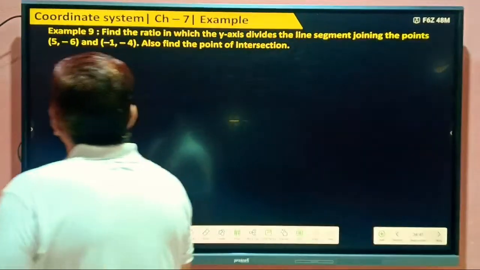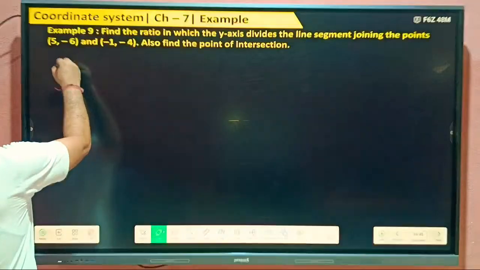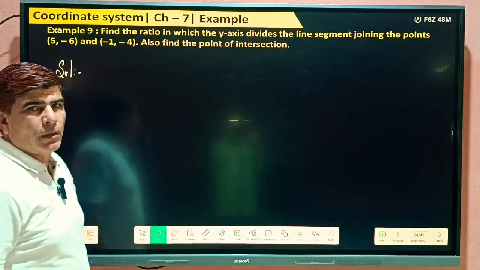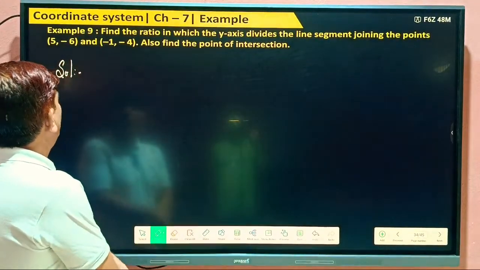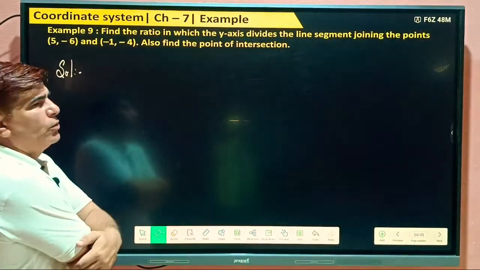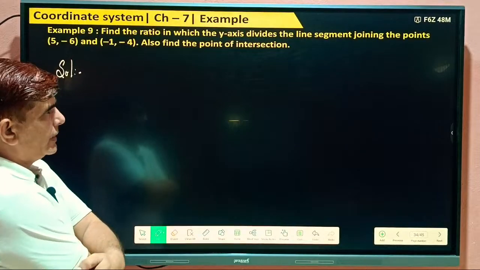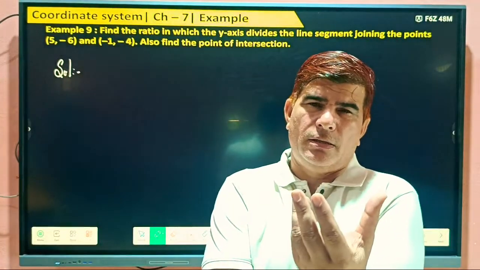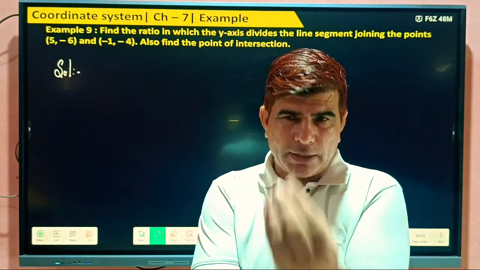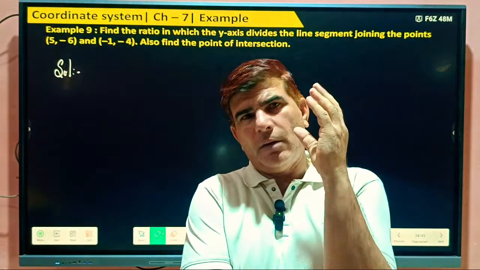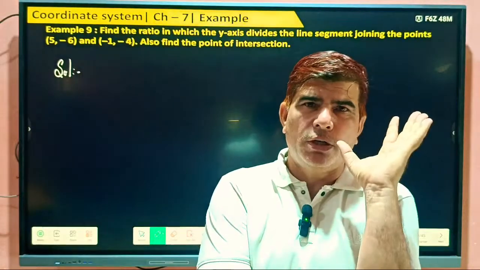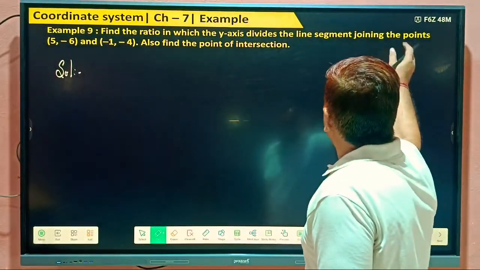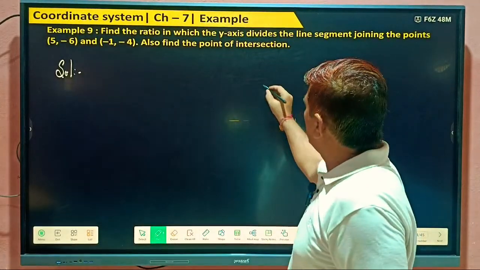So what's example number 9? Find the ratio in which the y-axis divides the line segment. When y-axis comes, directly in our mind, x is 0 here. The x coordinate is 0. Which line segment?